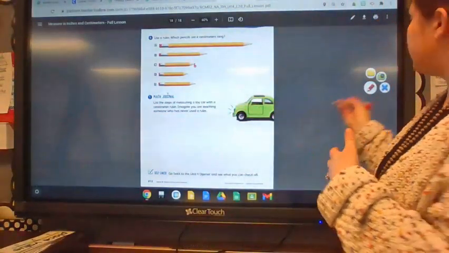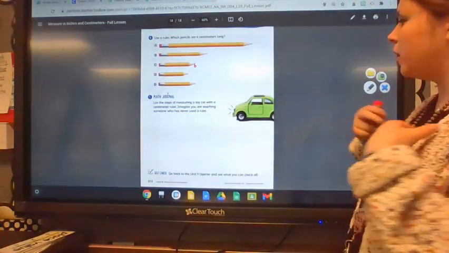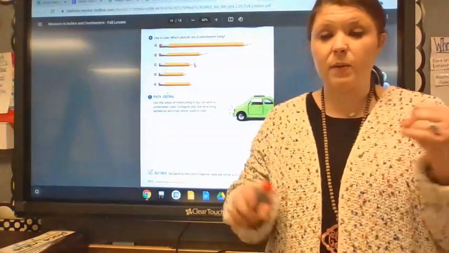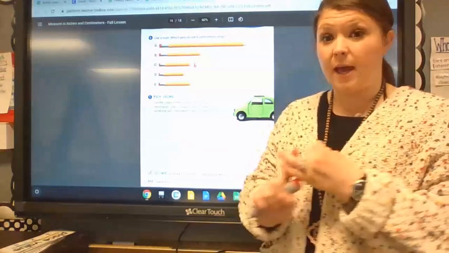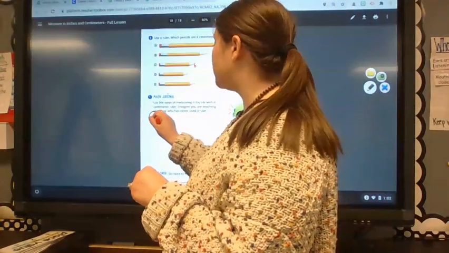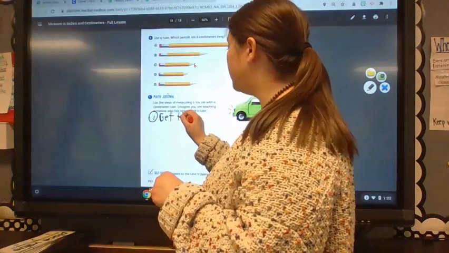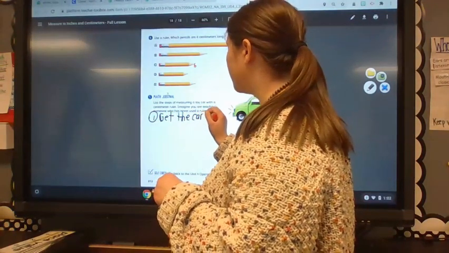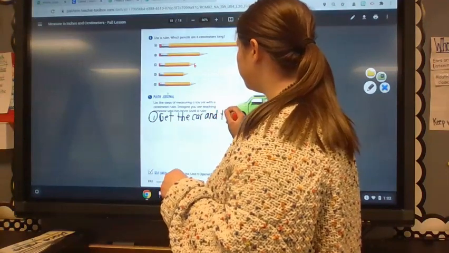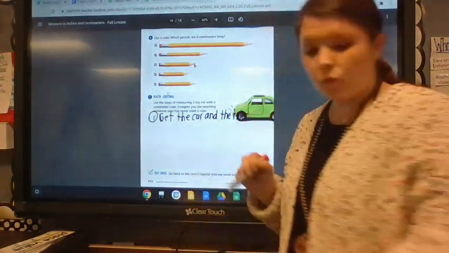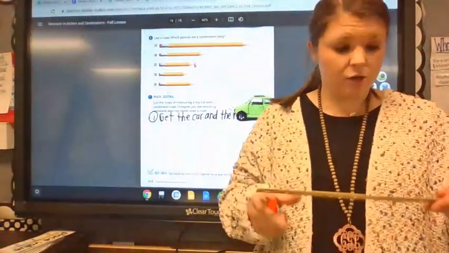All right, so list the steps of measuring a toy car with a centimeter ruler. So the first thing that we need to do is make sure that we have our car and we have our ruler. So that's our first step. Get the car and the ruler. Rulers usually have 2 units of measure on them, right?